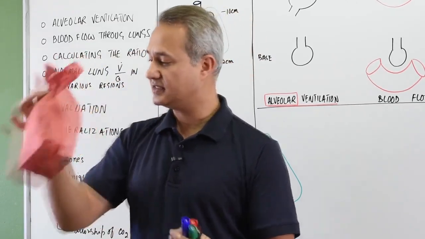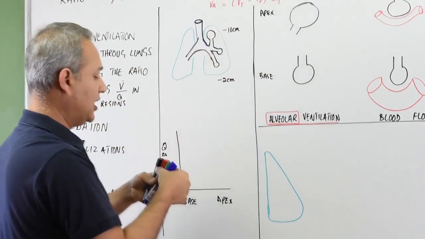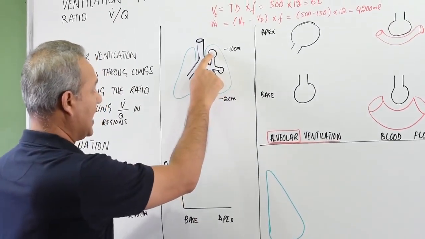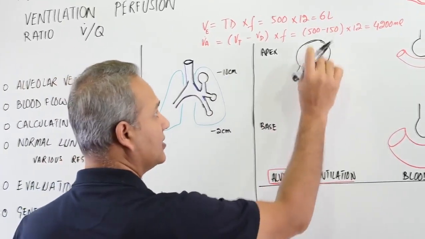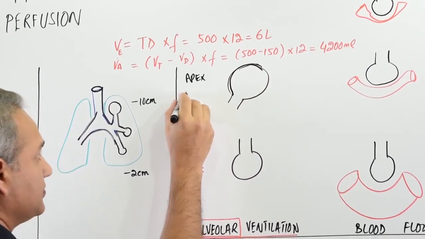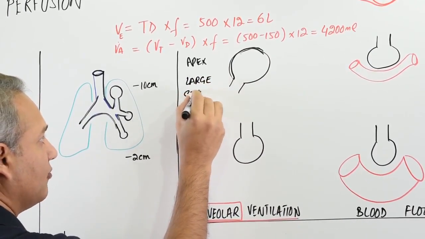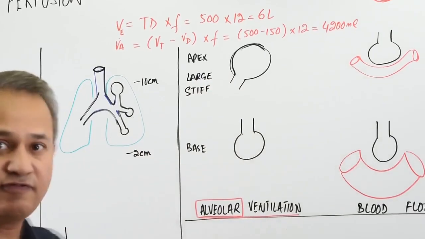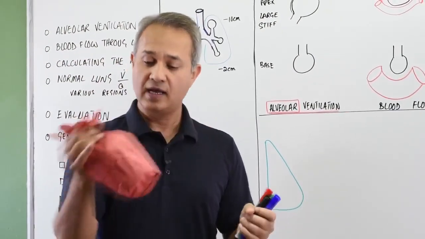What would happen as a result is, near the apex, the alveoli, I've drawn an apical alveolus here, are larger. They are large and they are stiff. Why are they stiff? Well, if you inflate a balloon to its maximum, now it is stiff.